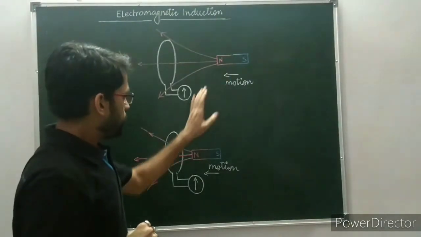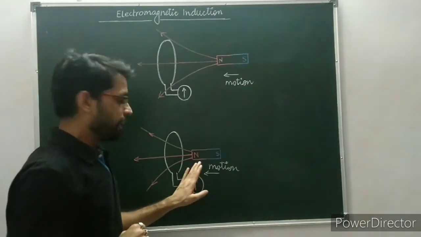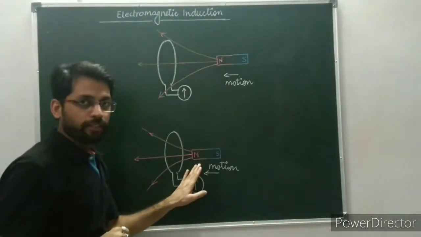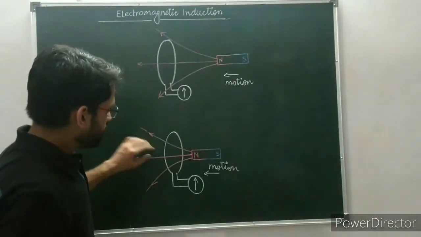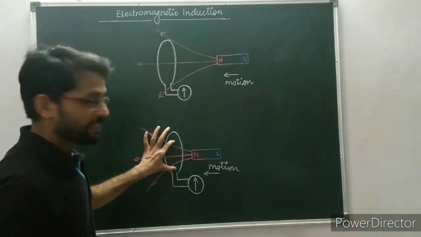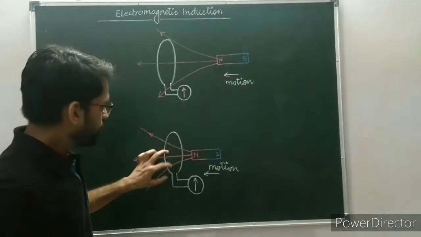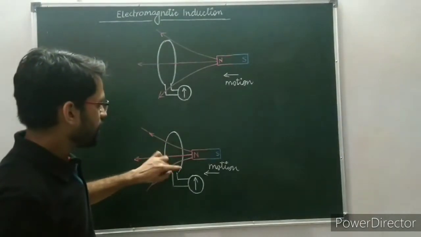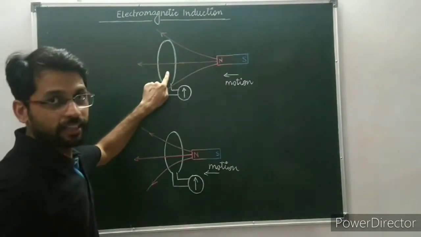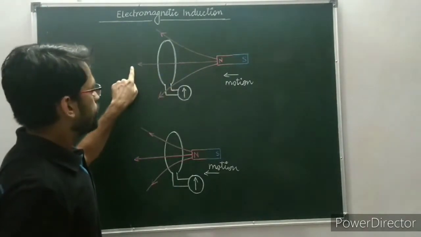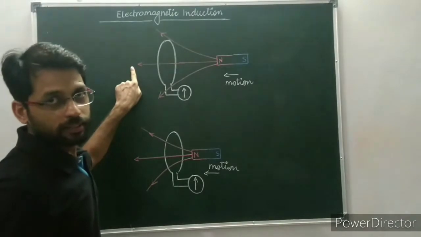When the magnet arrives near the coil, the number of magnetic field lines crossing the loop increases. Here 3 magnetic field lines are crossing the loop, whereas in the first diagram only 1 magnetic field line is crossing the loop.